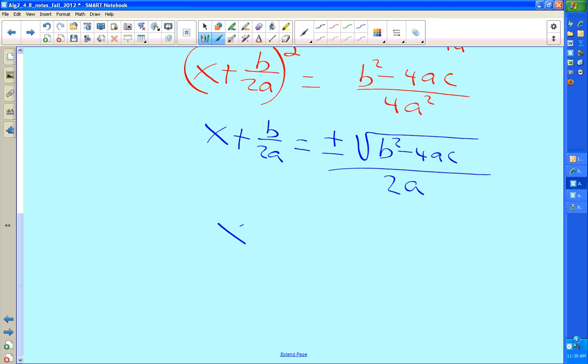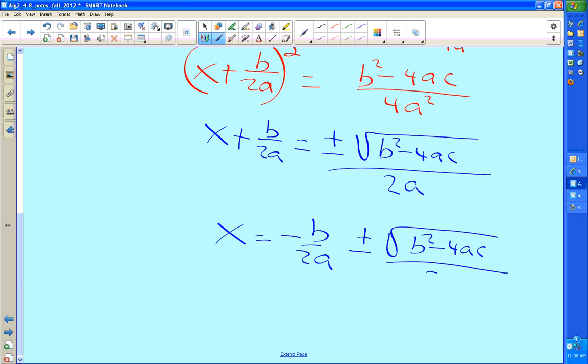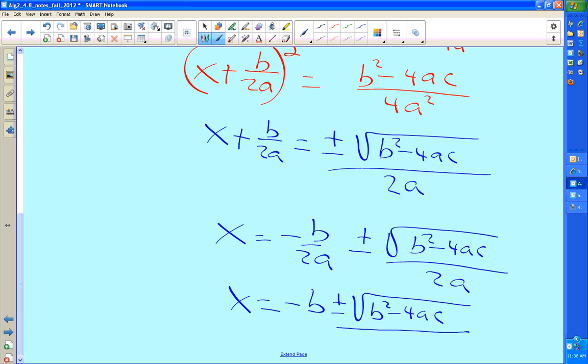When you solve for x, you're going to have negative b over 2a, plus or minus, the square root of b squared minus 4ac, all over 2a. And if you put those together, you have the opposite of b, plus or minus the square root of b squared minus 4ac, all over 2a.